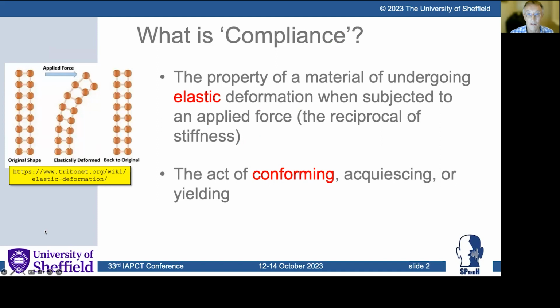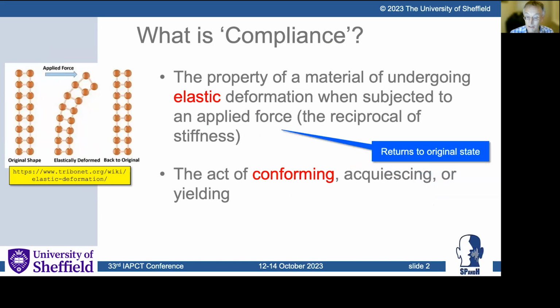So what is compliance? In fact, there's two definitions of compliance. The property of a material to undergo elastic deformation, which is the opposite of stiffness, and the act of conforming, acquiescing, or yielding. Now, the first one is interesting to PCT people especially, because that means the system is returning to its original state.